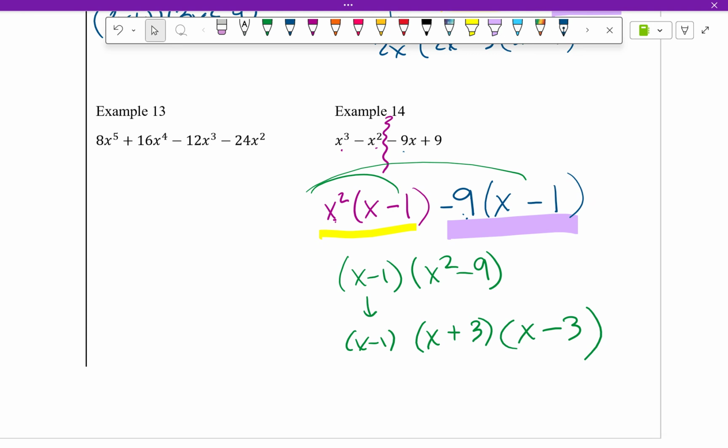It's very similar to what we did on 12. If you need a model, look at your 12.